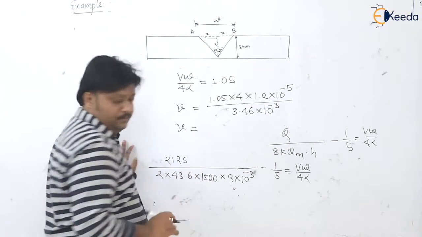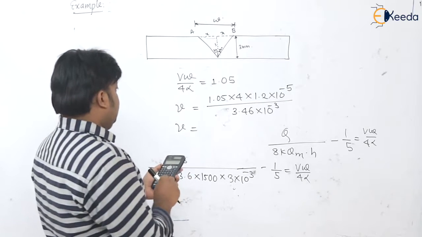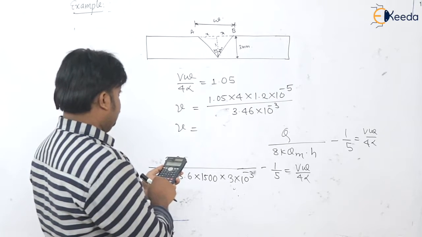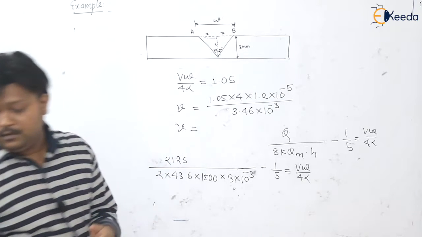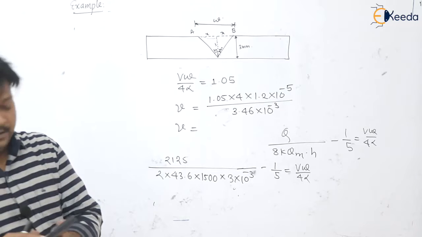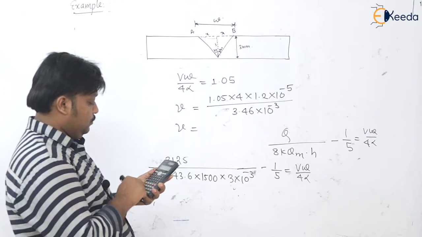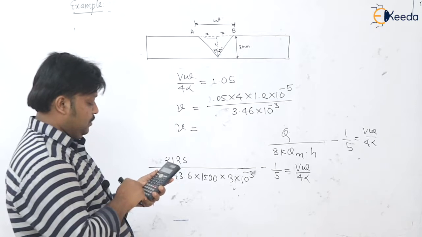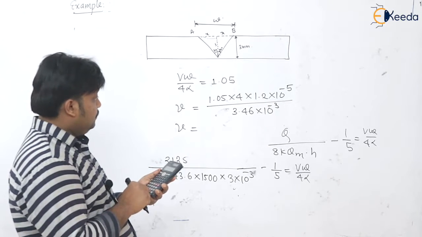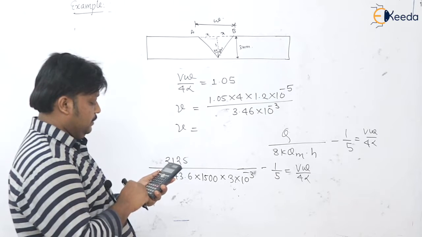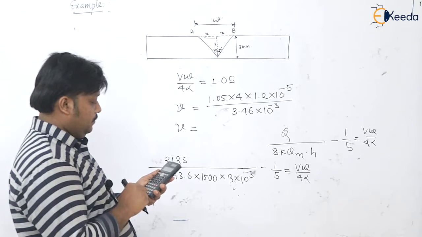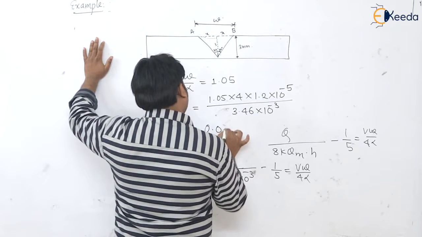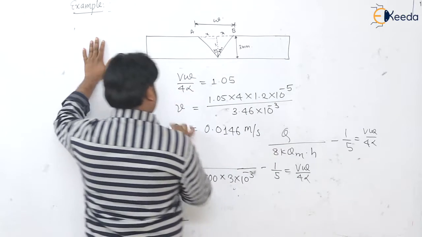So if you calculate 1.05 into 4 into 1.2 into 10 to the power minus 5 divided by 3.46 into 10 to the power minus 3, it is 0.0146 meter per second.